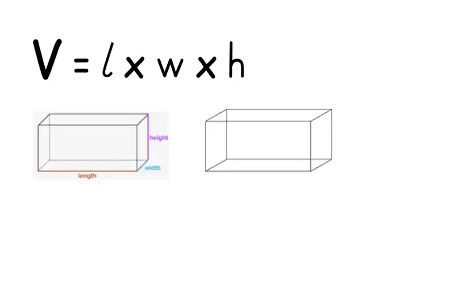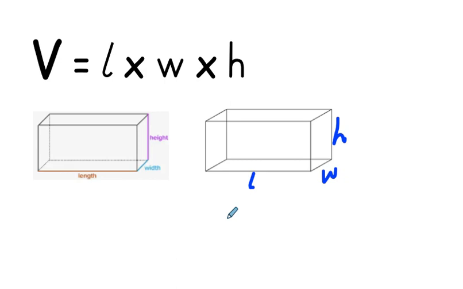So, just to remind you, volume is found by taking the length, multiplying it by the width, and then multiplying it by the height. So length times width times height. Okay? And remember, we put that little hook on the L so it doesn't look like the numeral 1.